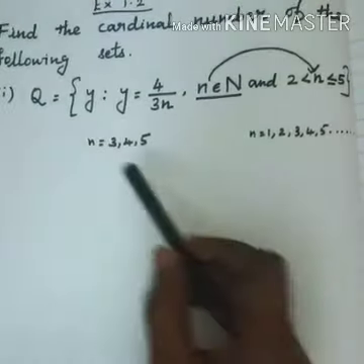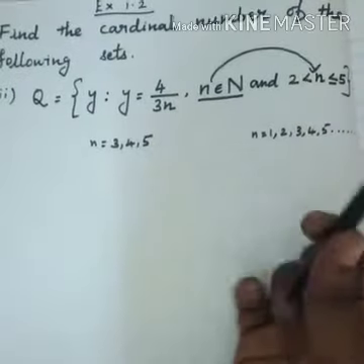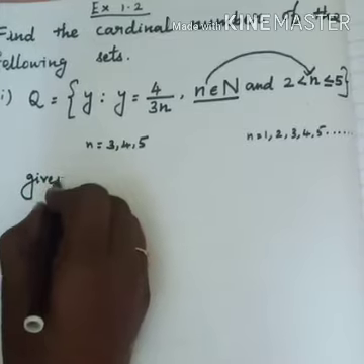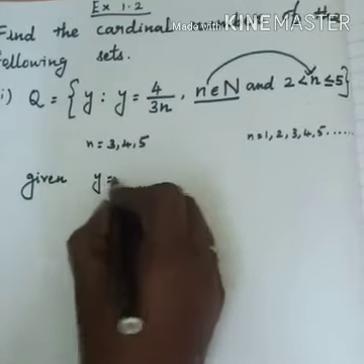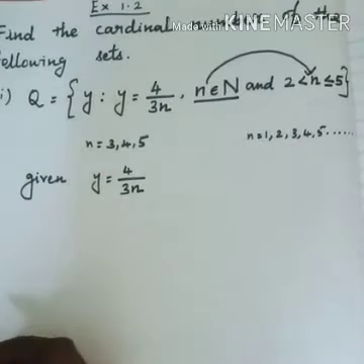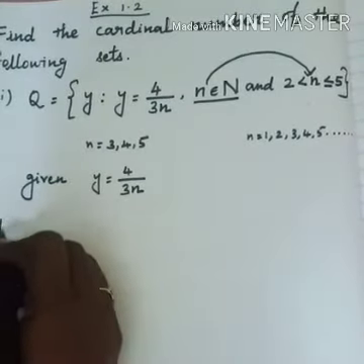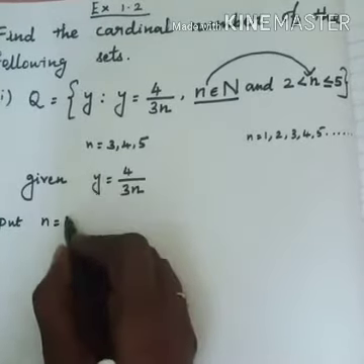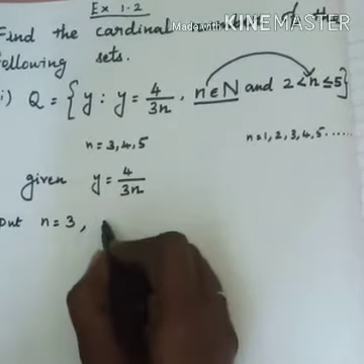We have to find the values for y. Given y is equal to 4 by 3n. First, put n is equal to 3.